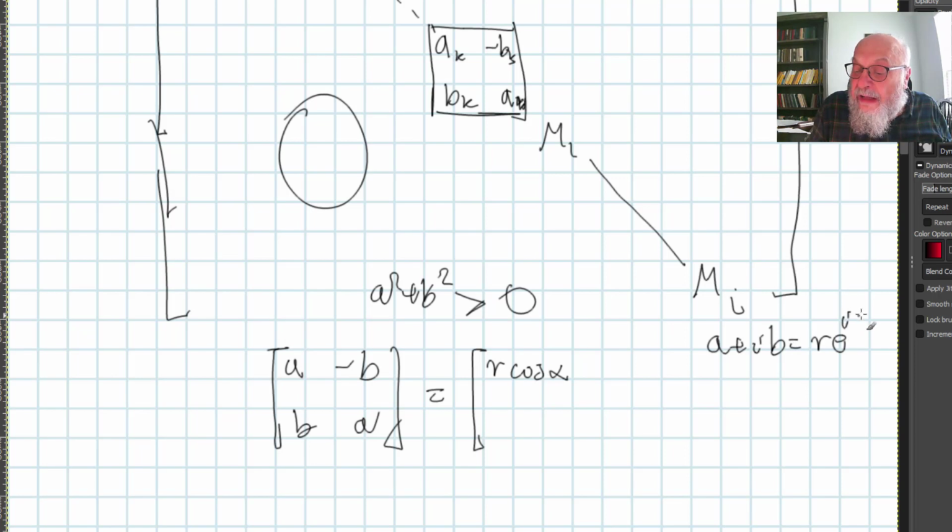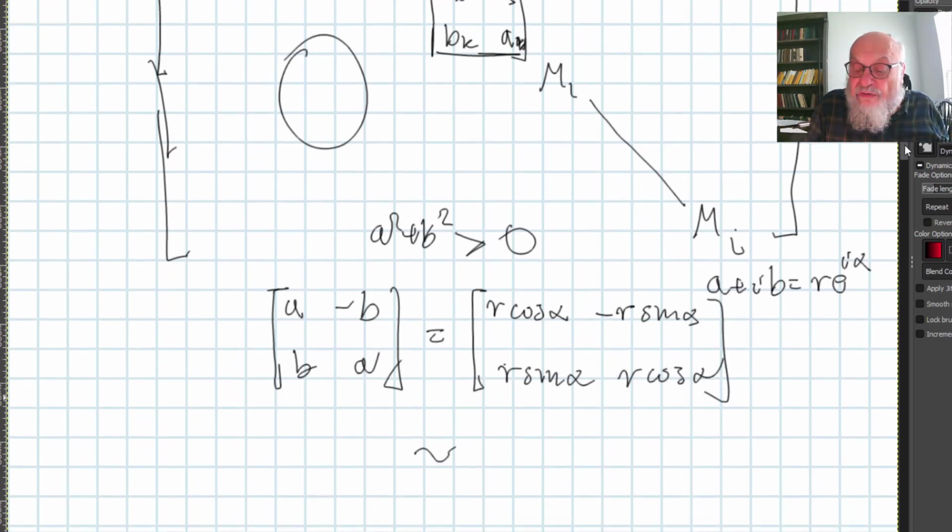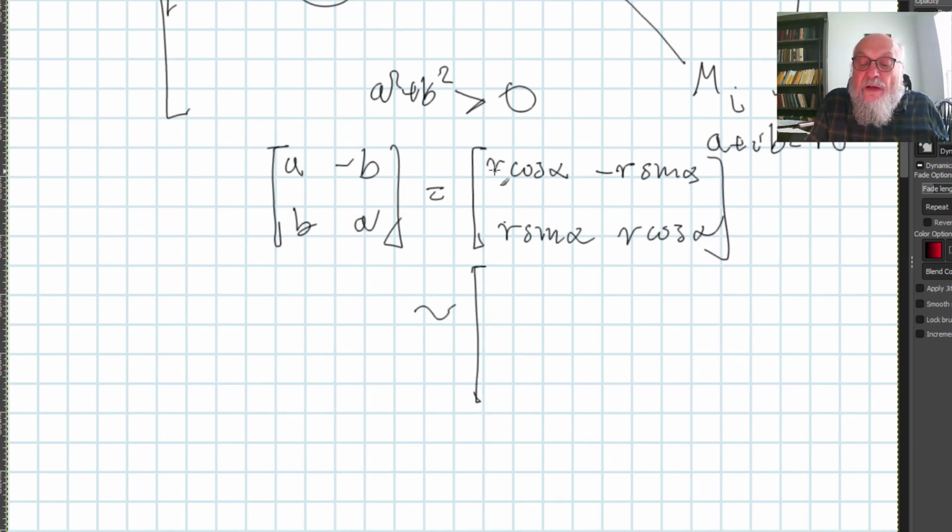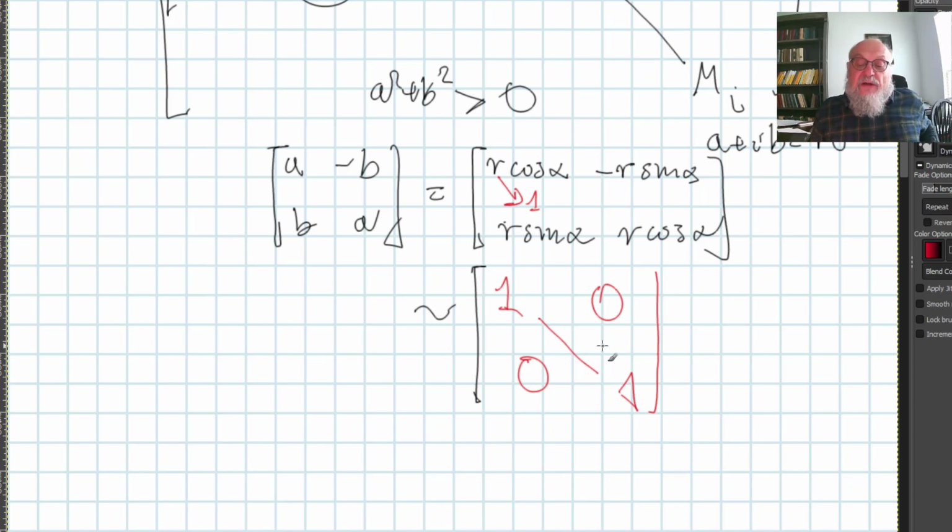And then you have here R cosine alpha, minus R sine alpha, and R sine alpha, R cosine alpha, and you can easily see that you can transform this one using homotopy, reducing R to 1, and by using the rotations to the matrix 1, 1, 0, 0. So that shows you that this matrix, by a simple homotopy, can be connected to the identity matrix on this block.